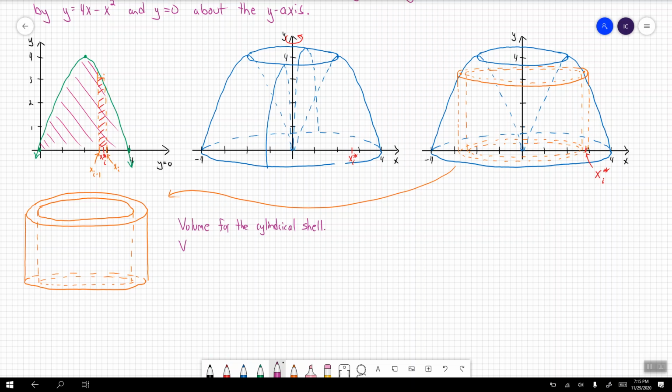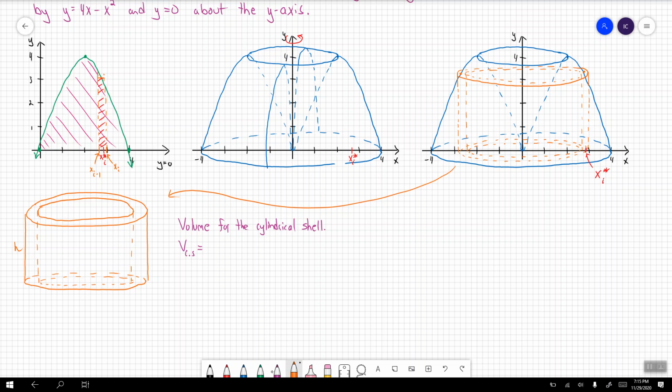So I'm going to have the volume, and I'm just going to label this as volume for CS, which is a cylindrical shell. And we're going to see here that this volume for the cylindrical shell is actually made up of two different volumes. The first outer circle, this main outer circle, is creating a volume that has a certain height h.